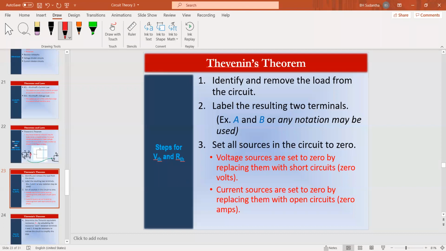Sometimes you might not understand what this text says, but we'll do this one.